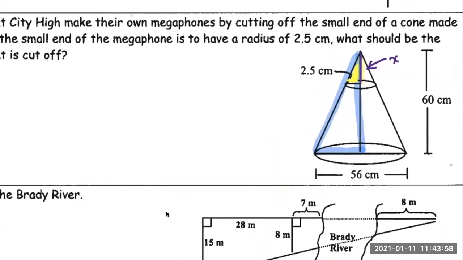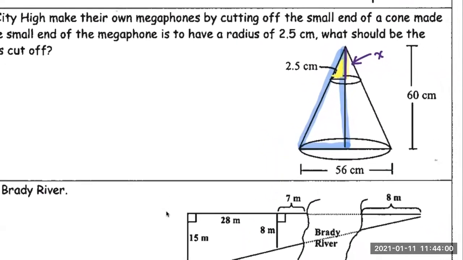Okay, they gave you a few dimensions that I want you to pay attention to. 2.5 represented the radius of the smaller circle on top. What's the measure of this base right here, down here, of the blue triangle? What's the measure of the radius of the bottom circle?